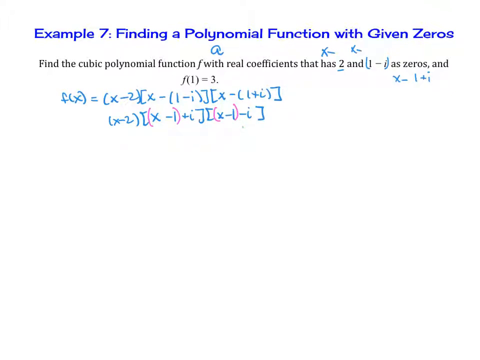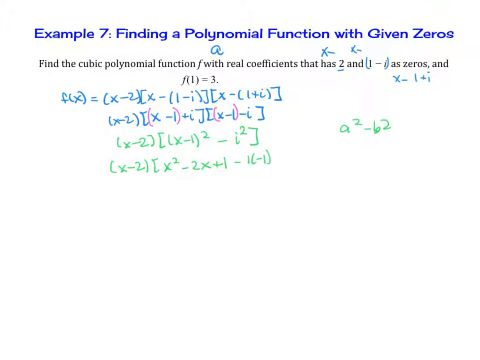So let's do that. Let's multiply x minus 2, and then in here, this just becomes x minus 1 squared. It's the a squared minus b squared. And so that's x minus 1 squared minus i squared. Then let's expand it more. x minus 2 times x squared minus 2x plus 1 minus negative 1.